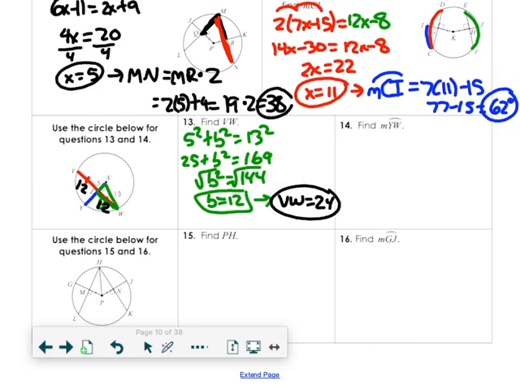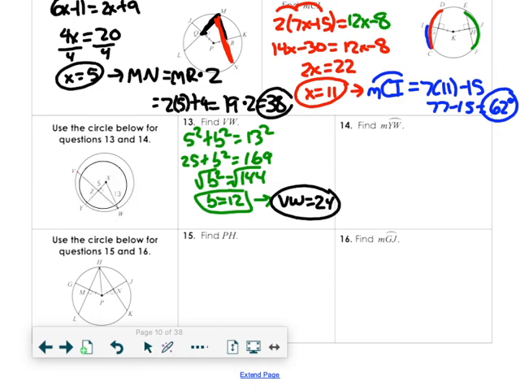Okay, I want to find in number 14 the amount of degrees that arc YW is. So YW is this arc right here. Remember that whatever that central angle is, that's what this arc is going to be.